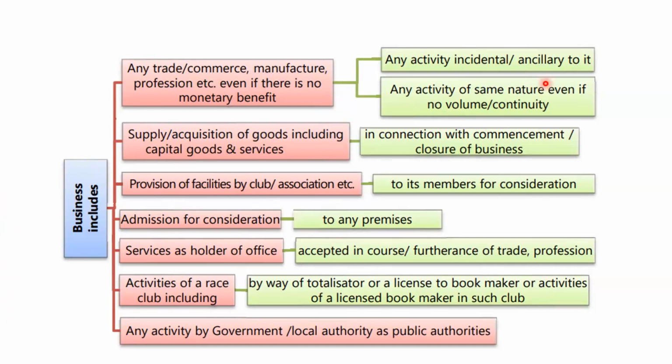One has to see whether the activity is incidental or ancillary to it, or any activity of the same nature, even if there is no volume or continuity. The next is the supply or acquisition of goods, including capital goods and services, in connection with the commencement or closure of the business.